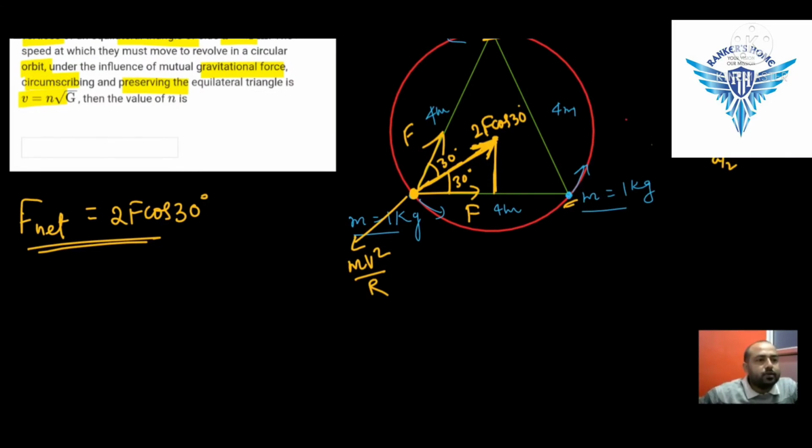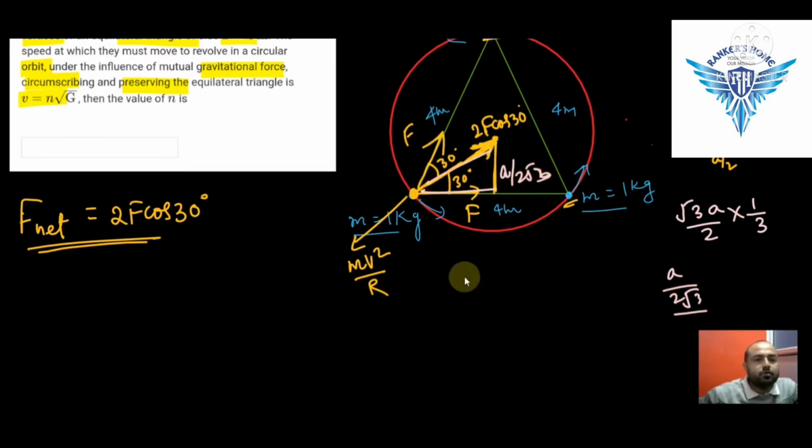The height will be root 3 a by 2. The centroid divides it in the ratio 2:1, so its 1/3 value will be a by 2 root 3. So this one is a by 2 root 3, and this one is a by 2.